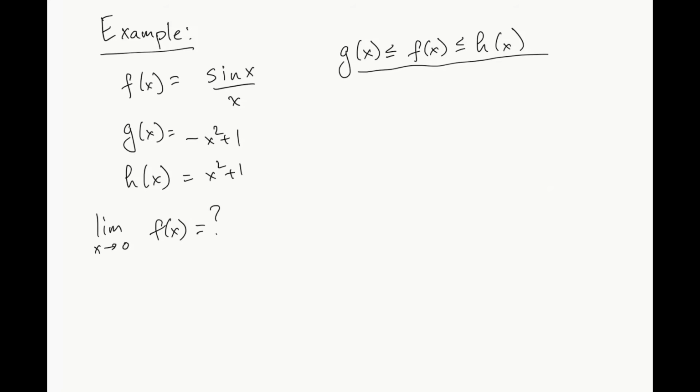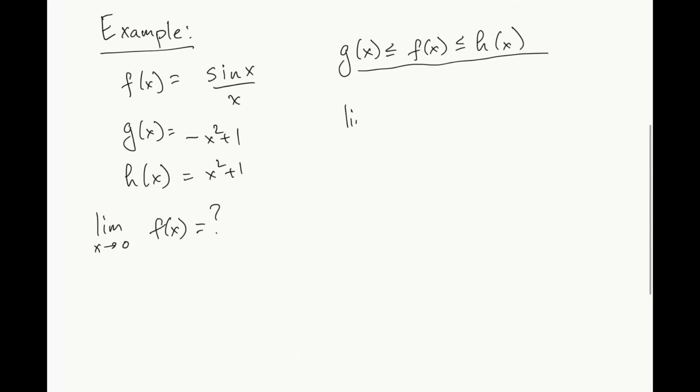So now we will find the limit of g of x and h of x as x goes to 0. The limit as x goes to 0 of minus x squared plus 1: since it's just a polynomial, we can solve this limit via substitution, which will give us 1. And the limit as x goes to 0 of x squared plus 1 is going to be equal to 1 in a similar way.